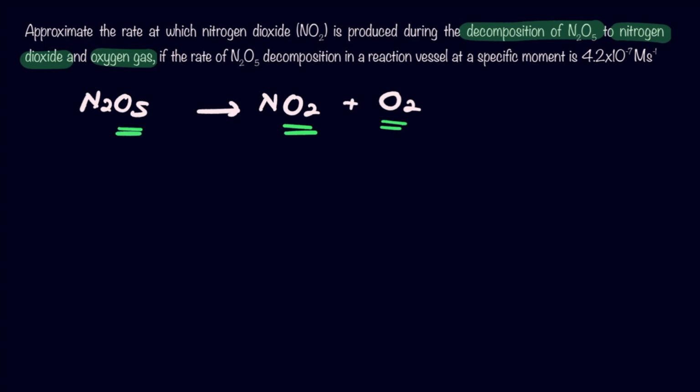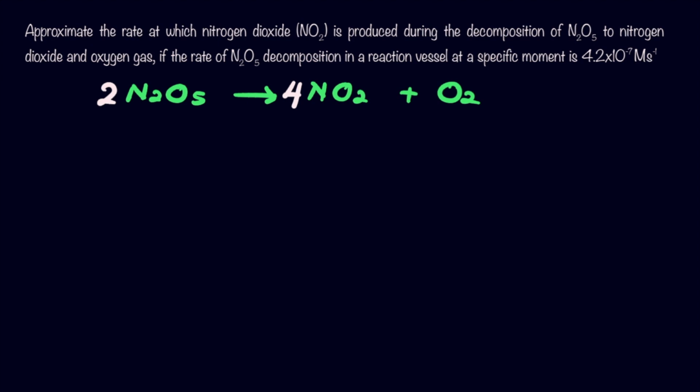So the easiest way is to make this oxygen into a round number. So you times 2, so you have 10 oxygen altogether. And then since 2 times 2 is equivalent to 4, definitely you need to put 4 over here because you need 4 nitrogen. So 4 times 2 is equivalent to 8 plus another 2 is equivalent to 10. So it balances out the oxygen that you need.